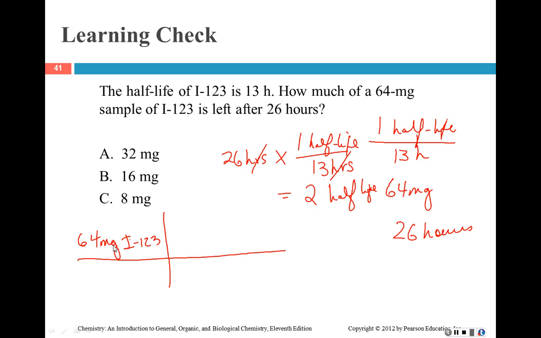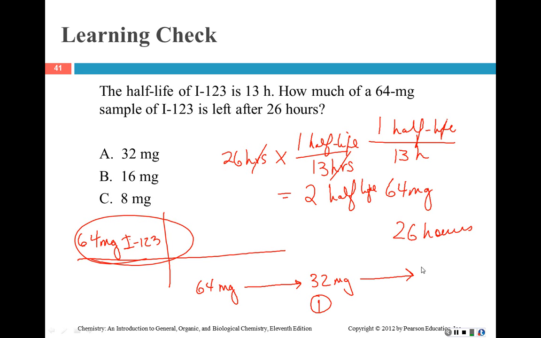So 64 milligrams. Let's just do it like this. We're going to take half of it. Half of 64 is 32. Okay, that's the first half-life. And then the second half-life, you take half of 32. All right, so this is the first one, this is the second one.